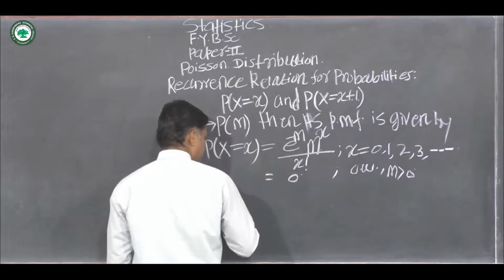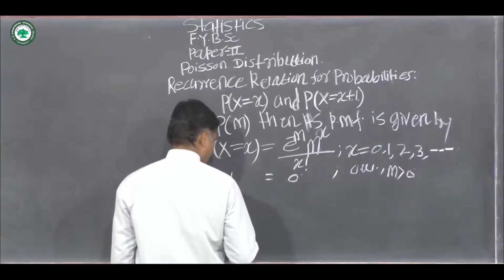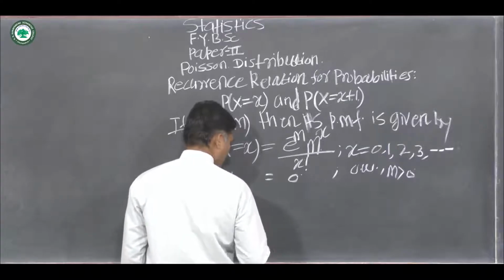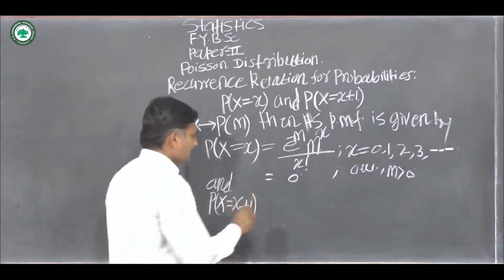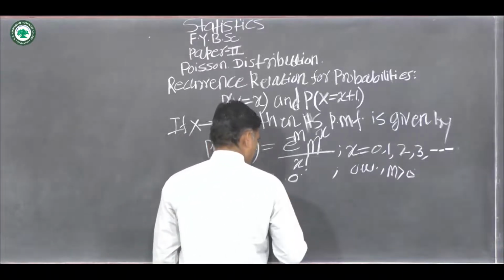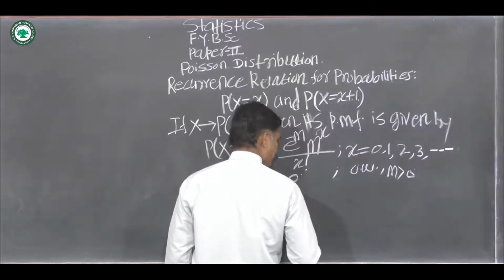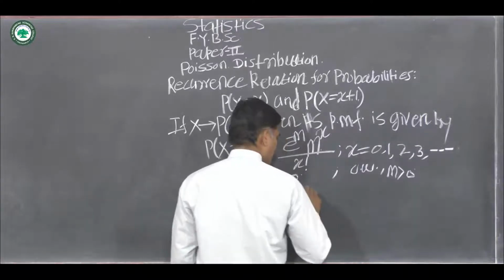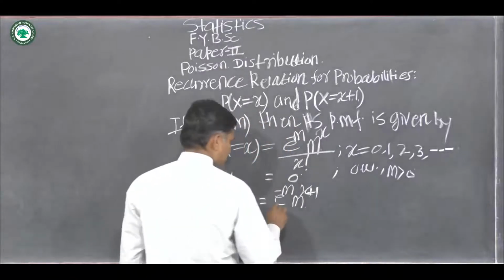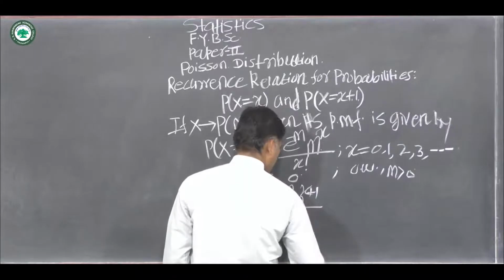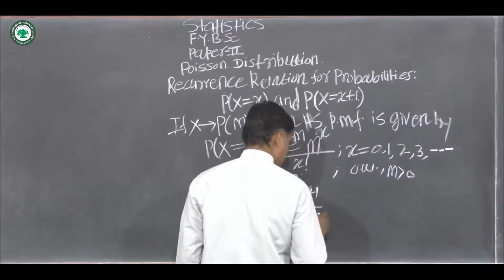And probability of x equal to x plus 1, which is equal to e raised to minus m, m raised to x plus 1 divided by x plus 1 factorial.